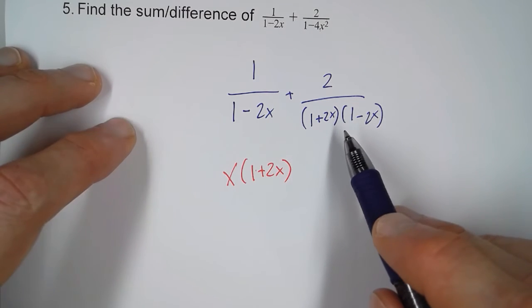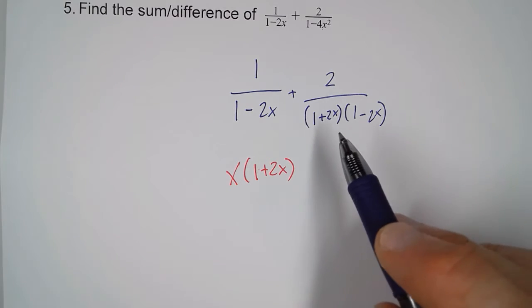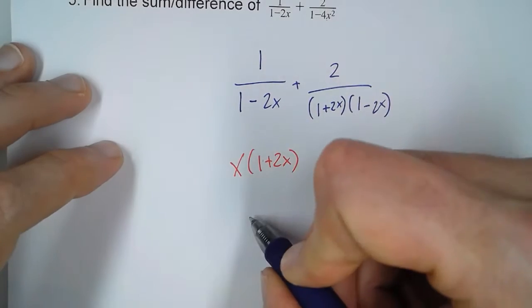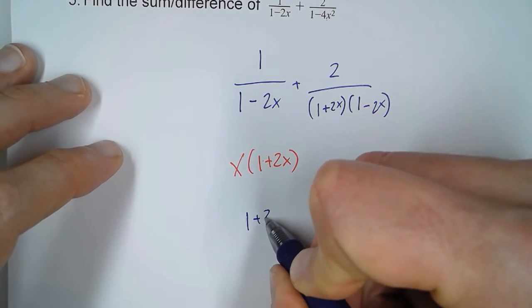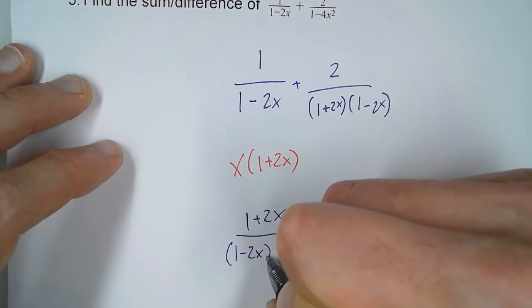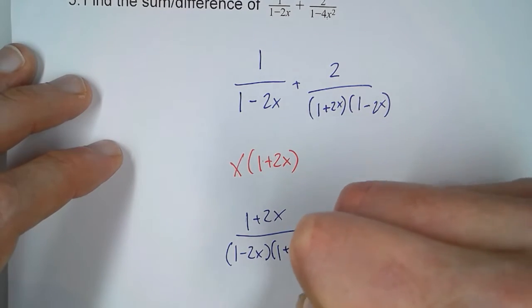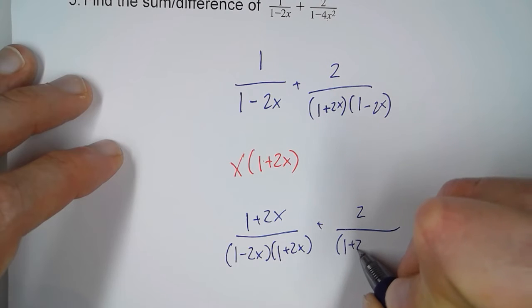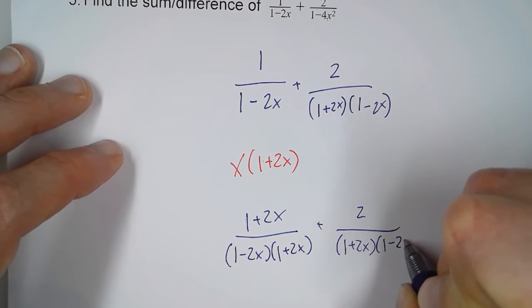It makes it harder for you later on if there's a possibility of canceling things away. So just leave this like this. This is going to become (1 + 2x) all over (1 - 2x) times (1 + 2x), plus 2 all over (1 + 2x) times (1 - 2x).